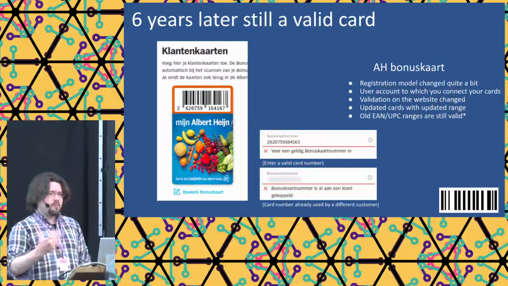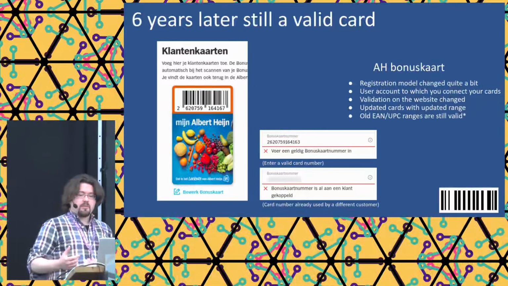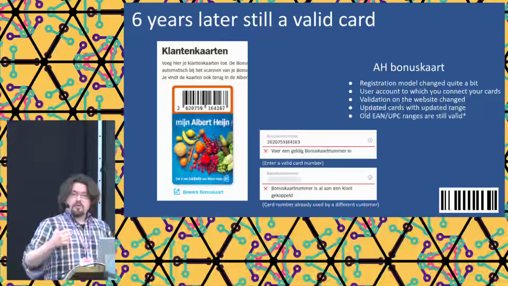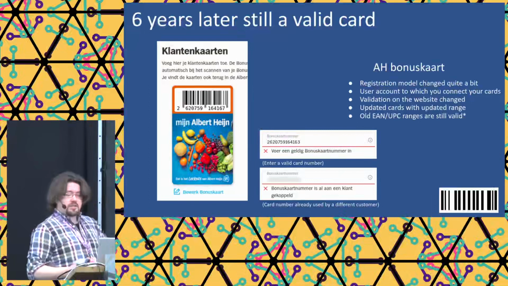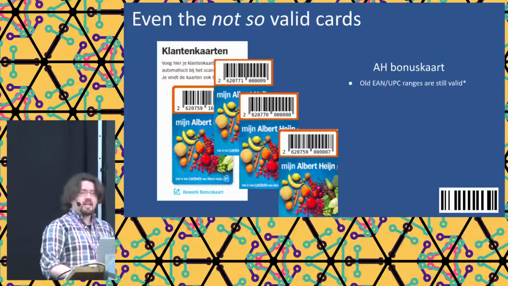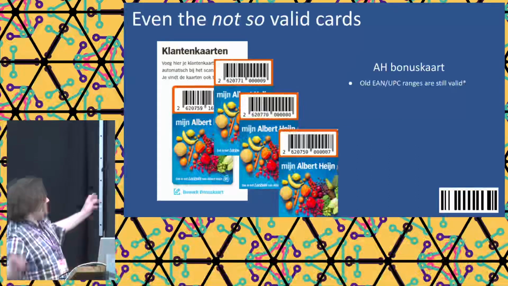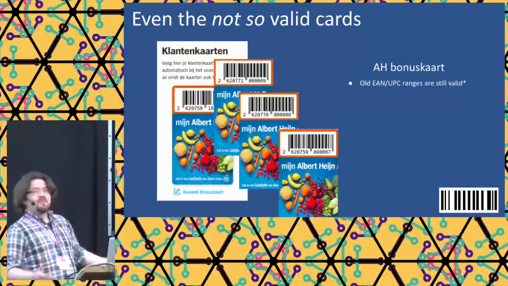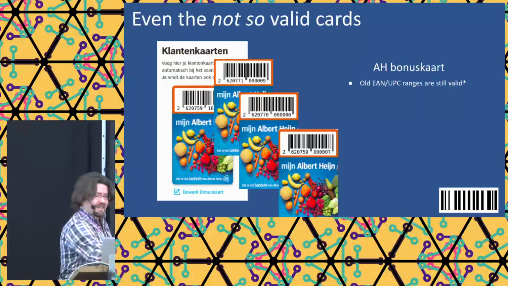So the card doesn't do anything more in terms of access. But they do still have all the old ranges, so I could register old cards. But even funnier, even the not so valid cards like 009, 0000, 007, I could still register those as well. And those are not cards I actually had at any point.